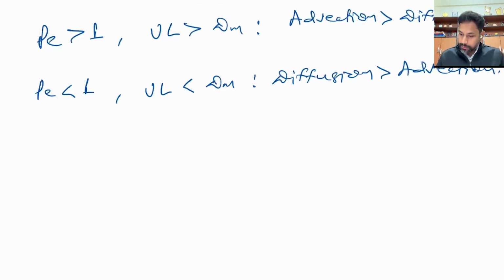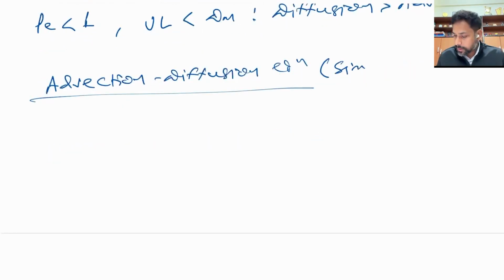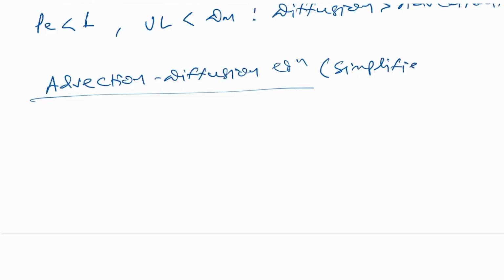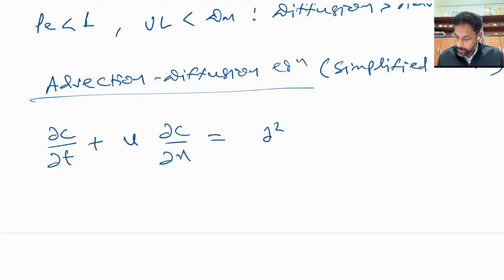And this particular kind of problem is solved using advection diffusion equation, and I'll call it the simplified version. So this actually is given as dc by dt plus u dc by dx is equal to DM d square c by dy square.